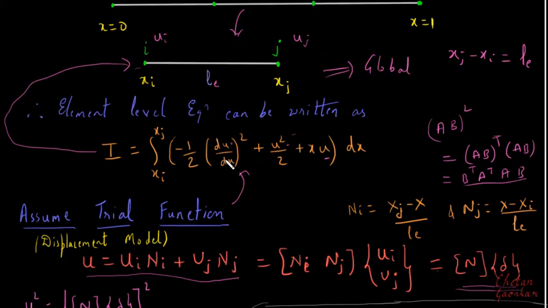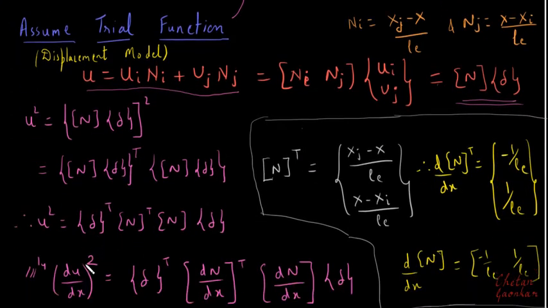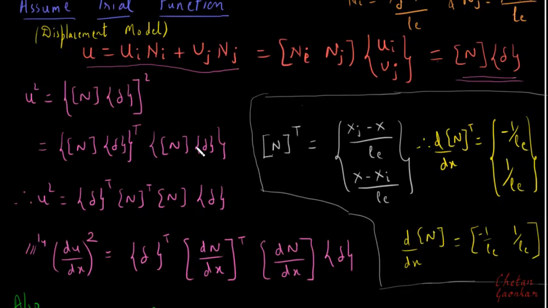So this derivative of u with respect to x will be applicable only to the shape functions, and therefore I can write this (du by dx) whole square term as it is. Only thing is, since I have this derivative of u, I will have to take the derivative of both these shape functions as follows. Everything else remains the same.